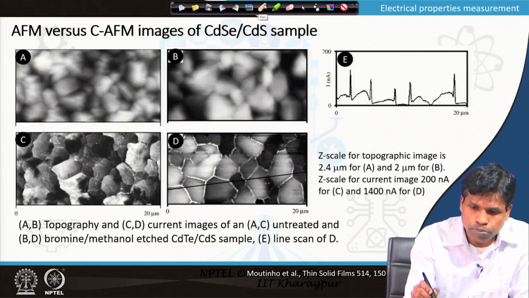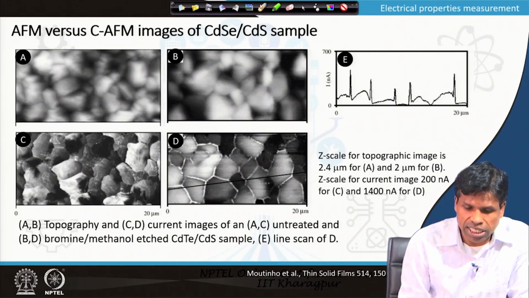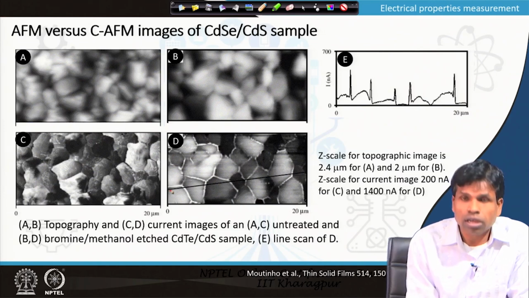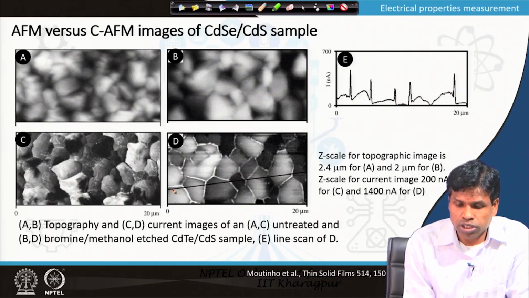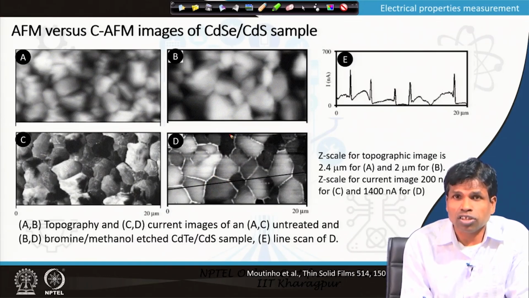A, B are the topography images, and C, D are the current mapping. And what we could see is that at the interface of the grains, it is brighter. This indicates that more current is flowing at the interface.